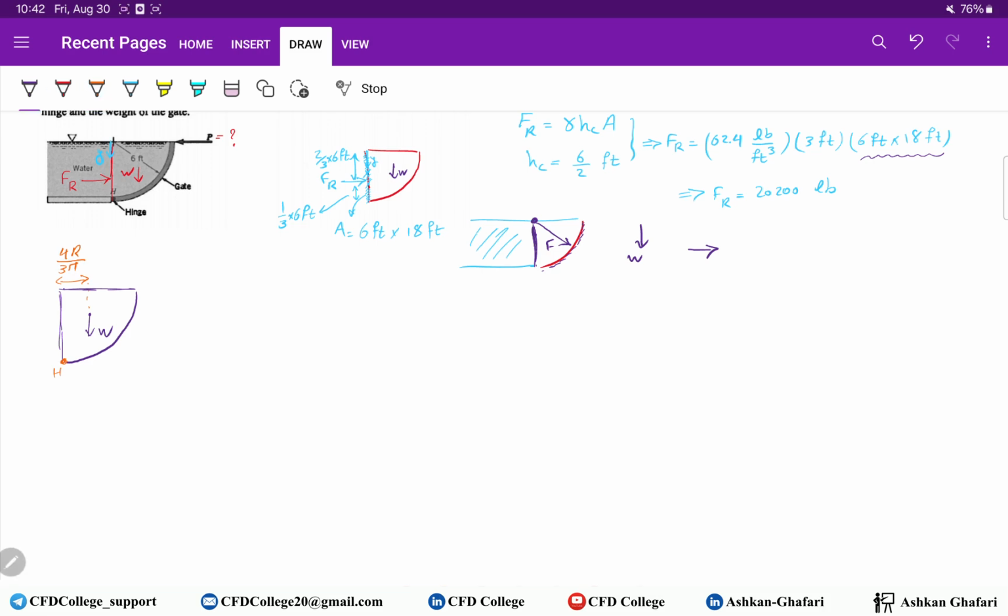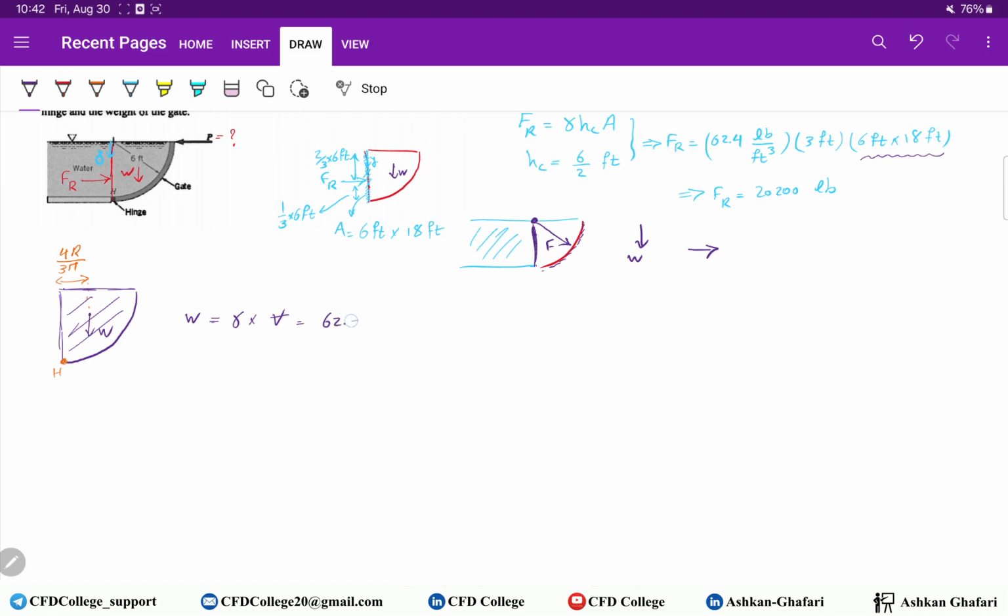Okay, now we have to calculate W. It's easy to find. W is gamma of water times the volume of this section.